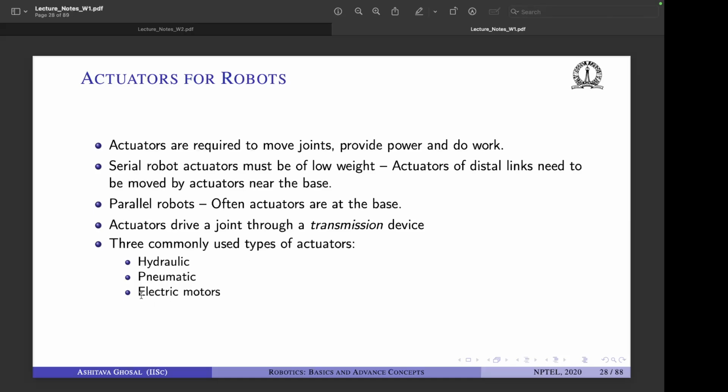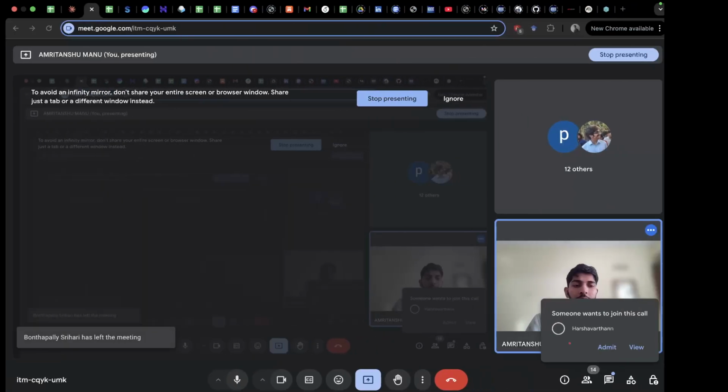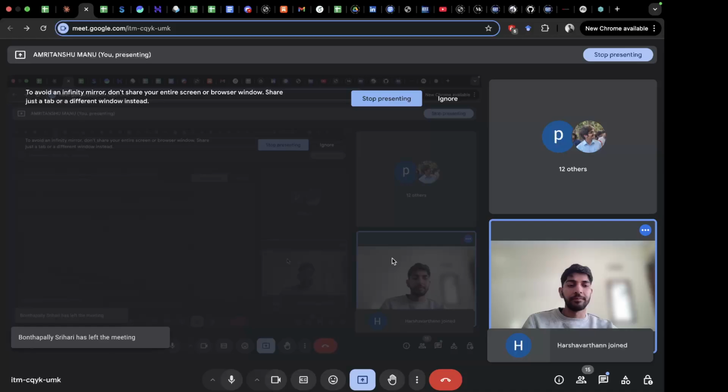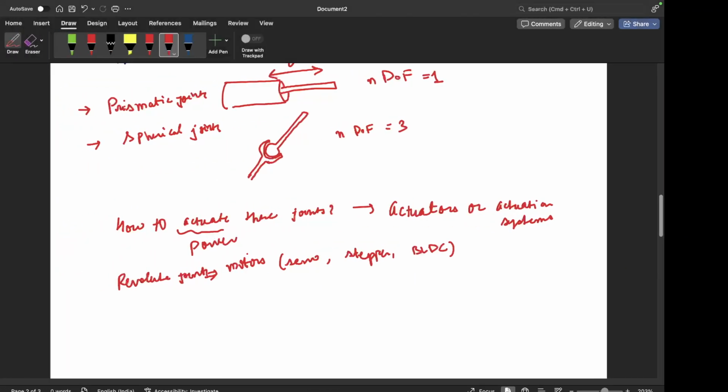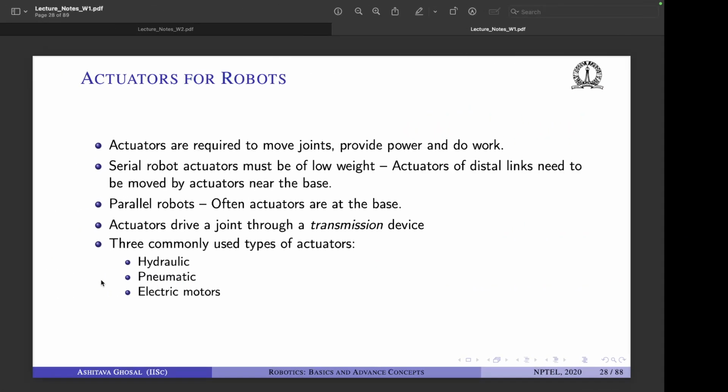So all these that I just described come into this electric motors type of device, right? And other types are hydraulic and pneumatic. Hydraulic is basically based on using a fluid in order to actuate that joint. A common example of a hydraulic device is those heavy machinery, let's say JCBs.